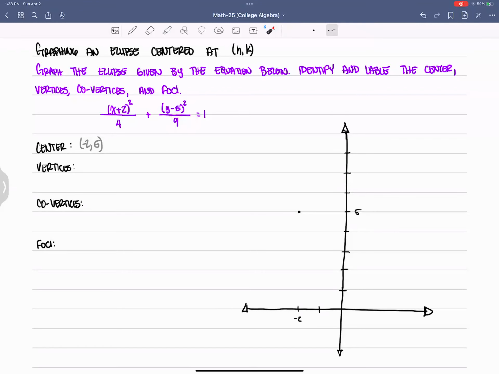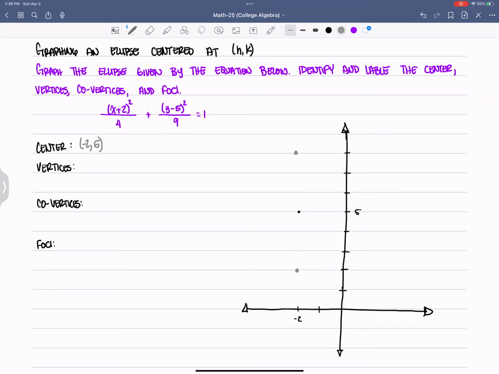So from the center, we go 3 units out in the y direction. So we have 1, 2, 3. So this is definitely one of the points. And down 1, 2, 3. That's another one of the points.